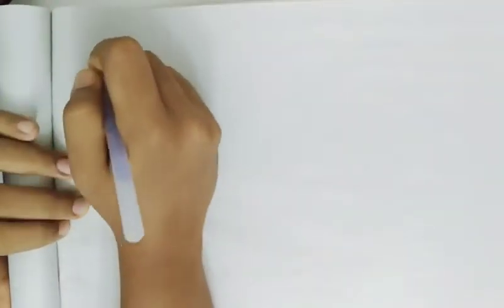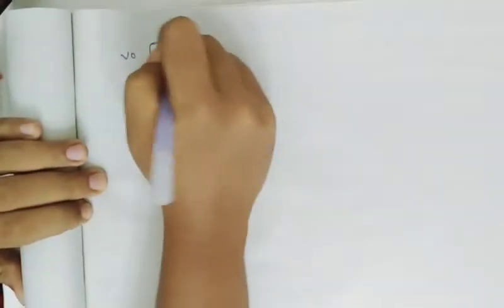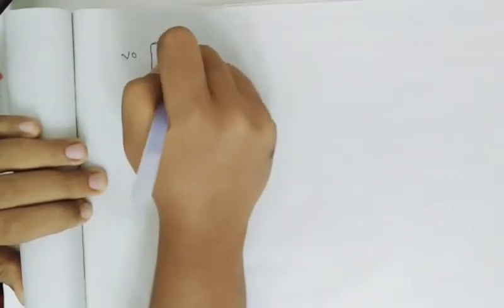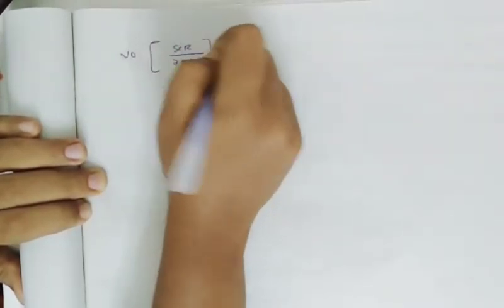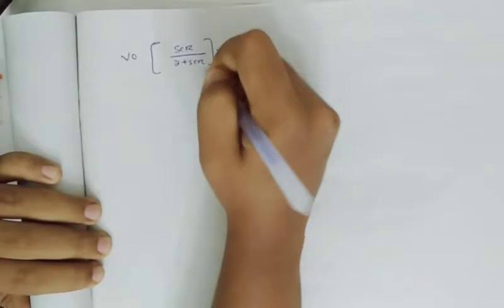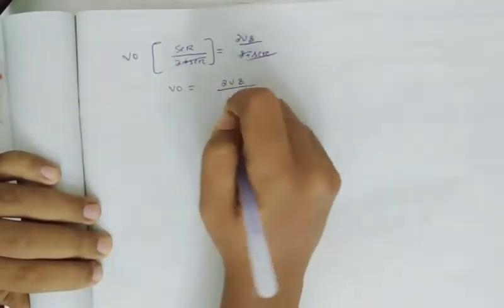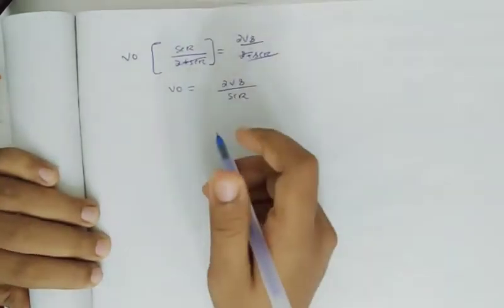We'll get V0 into SCR divided by 2 plus SCR equal to 2Vs divided by 2 plus SCR, and these two cancel out. We will get V0 equal to 2Vs divided by SCR.